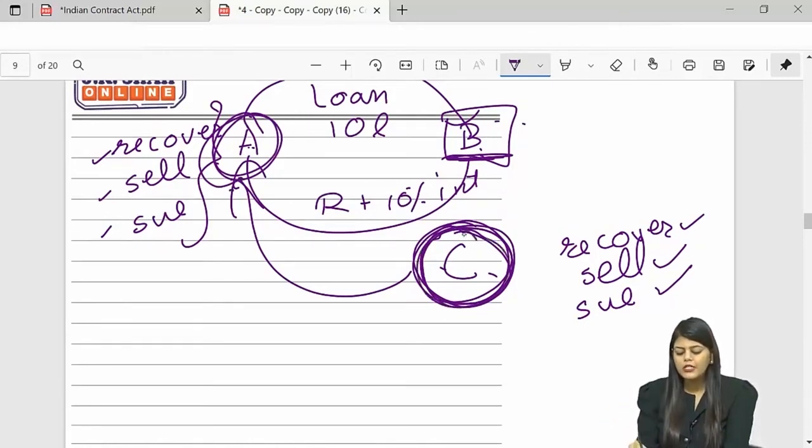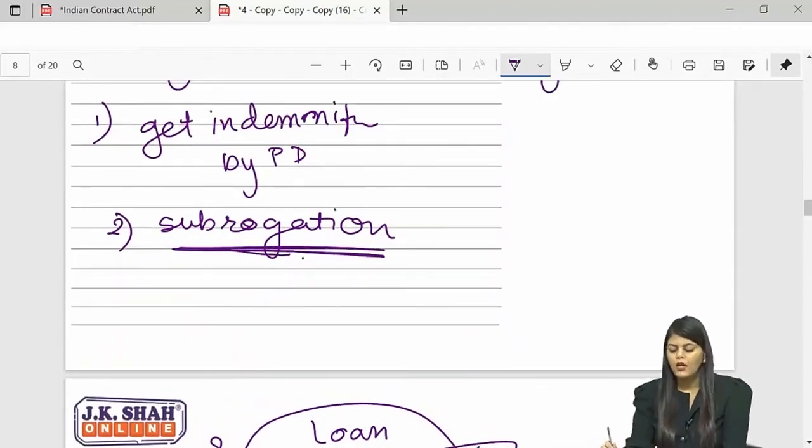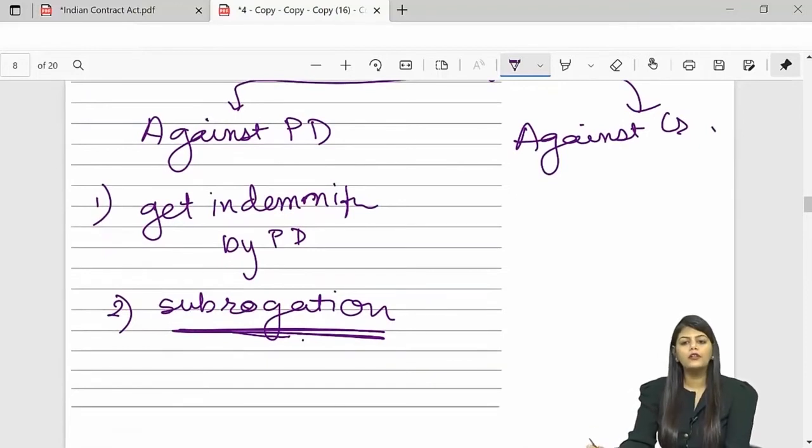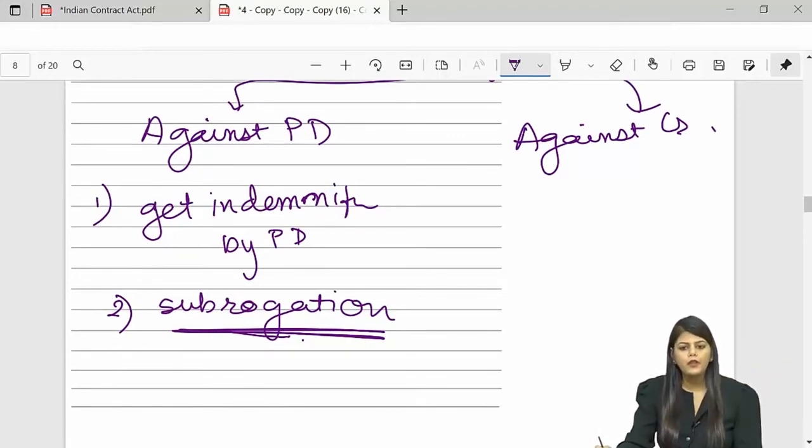So C is stepping into the shoes of the creditor, that is A. Such right is known as right of subrogation. Now see, in exam don't write the term that surety gets the rights of the creditor. Use the term subrogation, use the term surety steps into the shoes of the creditor, and so on.